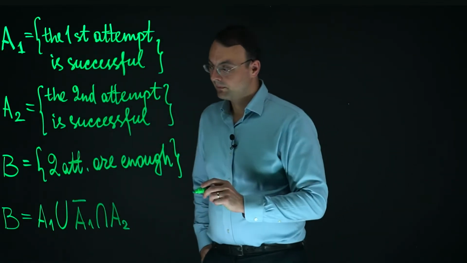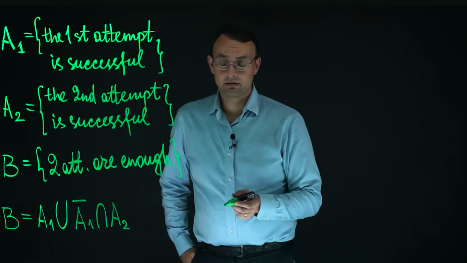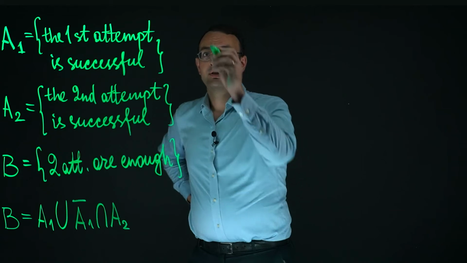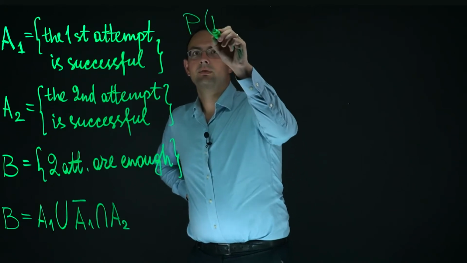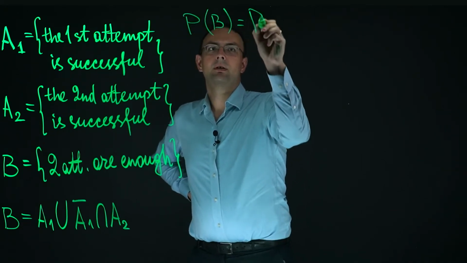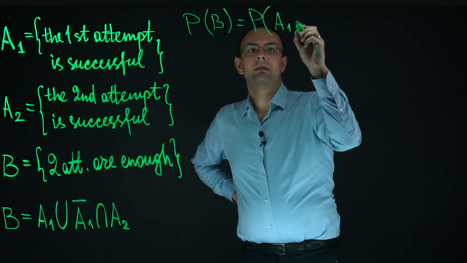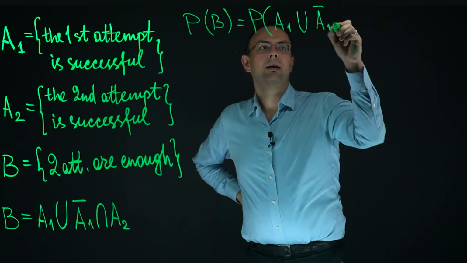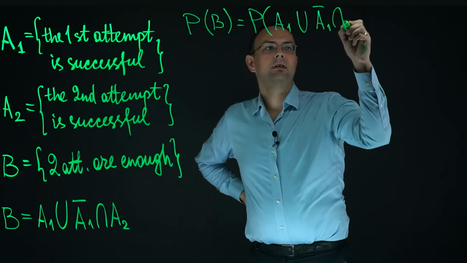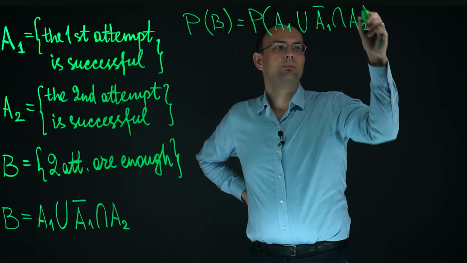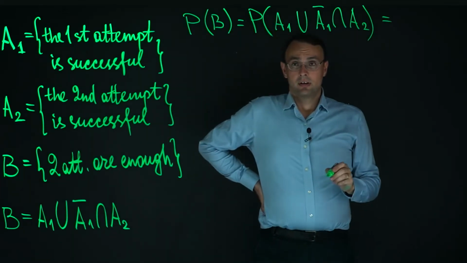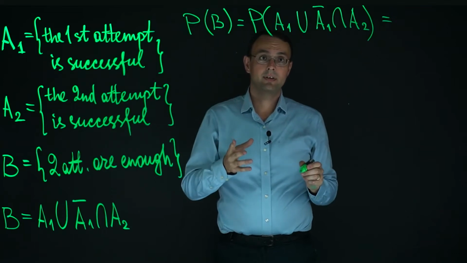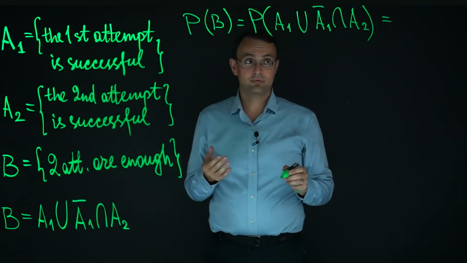So now let's apply the formulas we already know. So P of B is P of A1 union not A1 and intersection A2. So the first step is to apply the addition rule here.